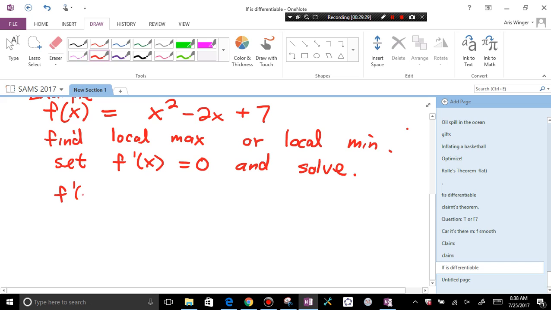F prime of x is equal to 2x minus 2. You set that equal to 0. You get 2x is equal to 2, and x is equal to 1.